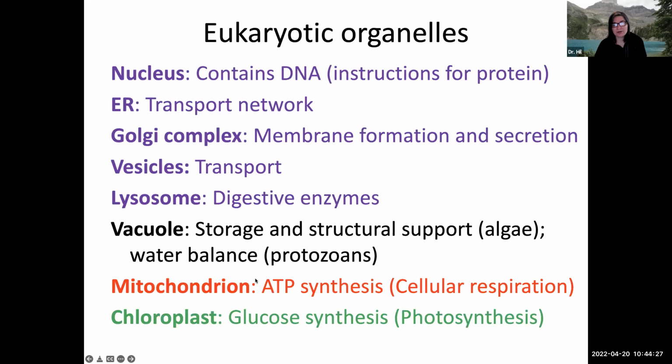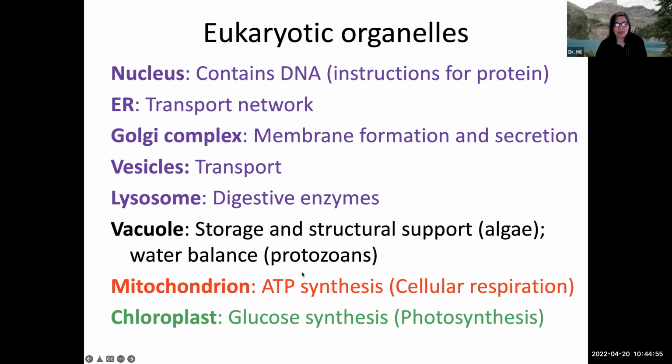One, to support our understanding later of metabolism, because we're going to talk about respiration and photosynthesis, and it's really helpful with these complex processes to visually be able to map where that's happening. And also the structure here will help us to understand the last topic of the day, which is the endosymbiotic theory.